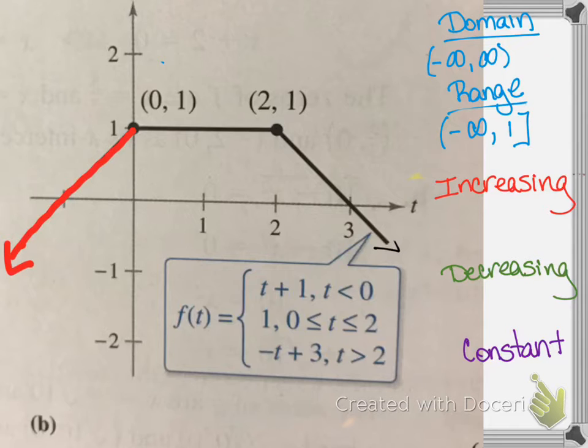So one way to look at that is thinking about it being a positive slope. Now, when I am talking about increasing, decreasing, and constant, we are always talking about my x values. So this is the corresponding x values.